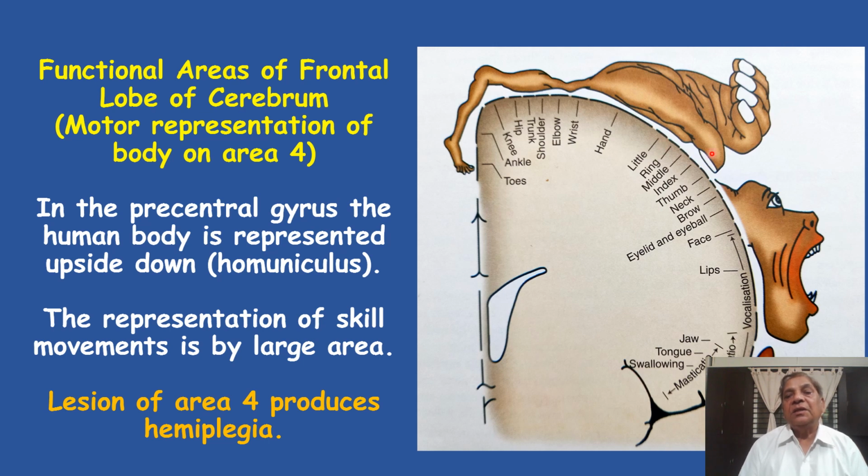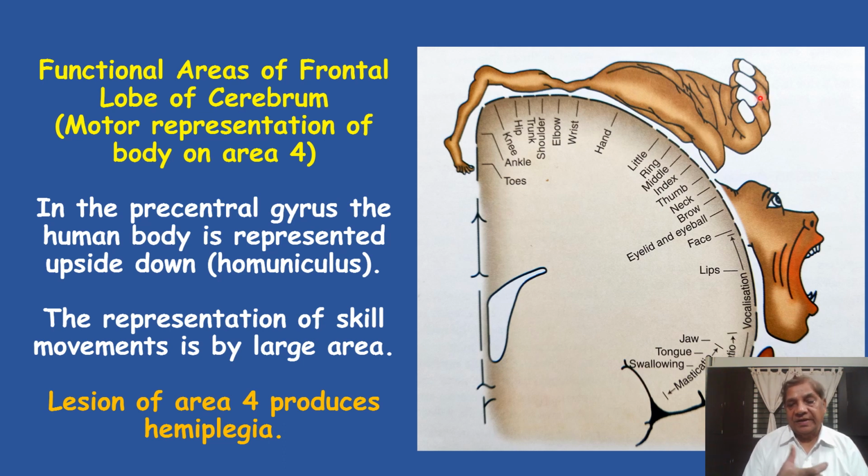You can see here the representation is directly based on skillful movement. For example, the larynx musculature which produces sound, then the muscles of the lip and the muscles of facial expression.